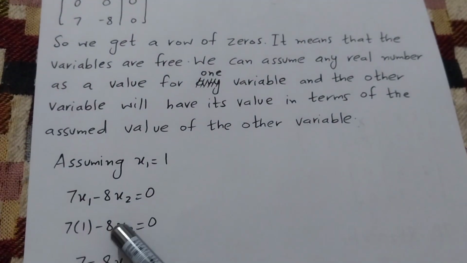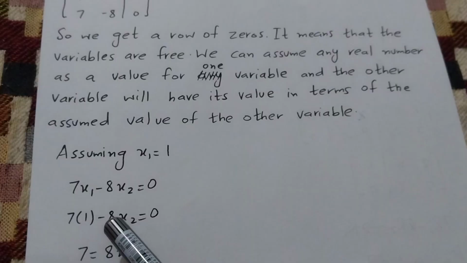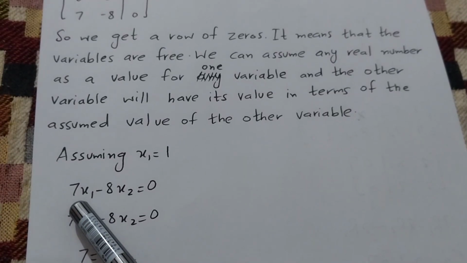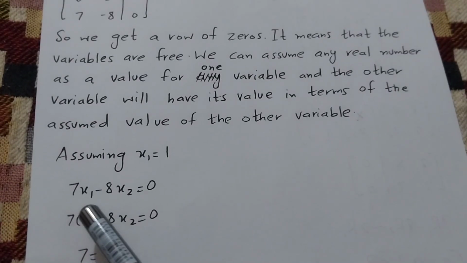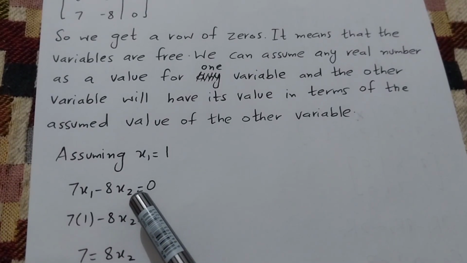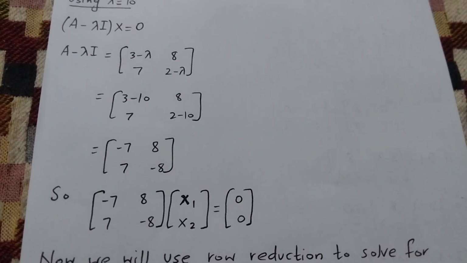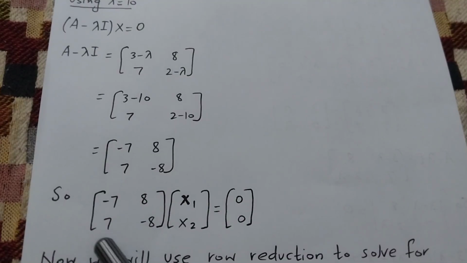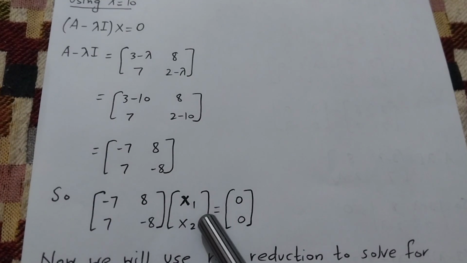So let's assume x1 to be 1, and here we have the equation 7x1 minus 8x2 equal to 0. We got that equation by multiplying this row 7, minus 8 with this column.